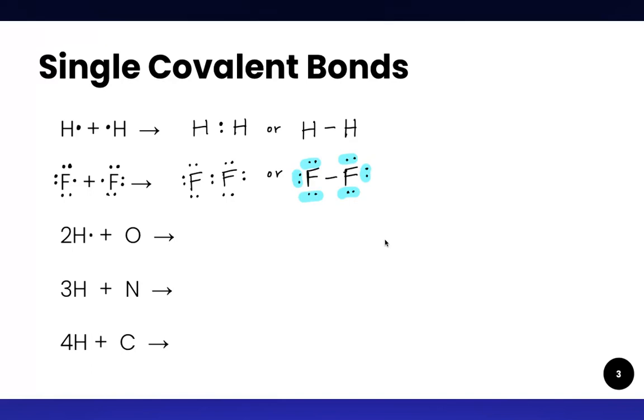Hydrogen has 1 valence electron, and oxygen has 6. So there are 2 single bonds that are formed in the water molecule.